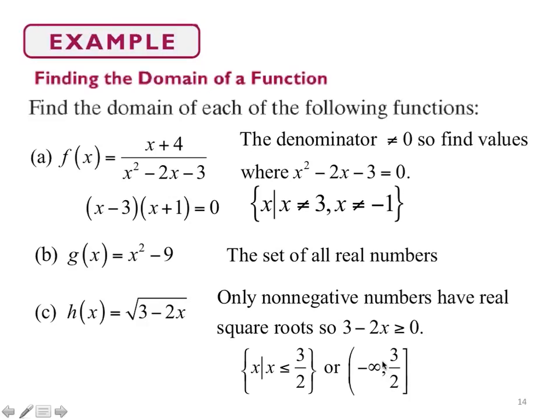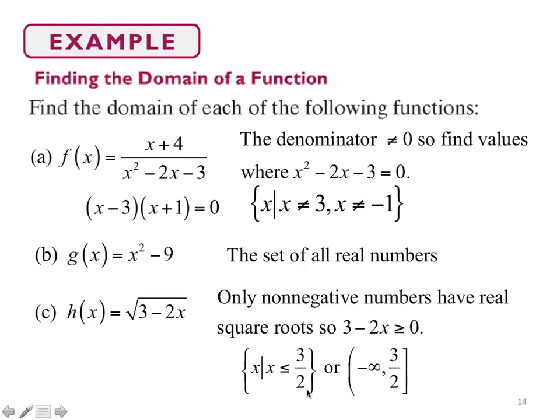Now let me talk about this for just a minute. In order to solve this, we subtract 3 from both sides and divide by -2. Please recall that when you divide by a negative number with an inequality, you have to flip the inequality. So what we get is x less than or equal to 3/2. This is one way to write your answer. If my MATLAB asks for it in set builder notation, then it's going to be x such that x is less than or equal to 3/2.